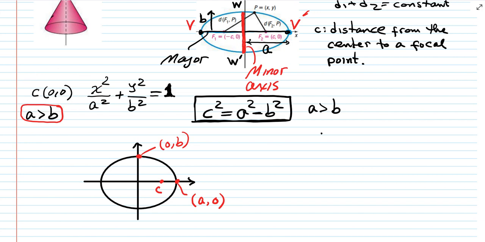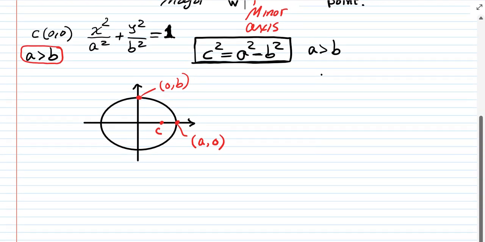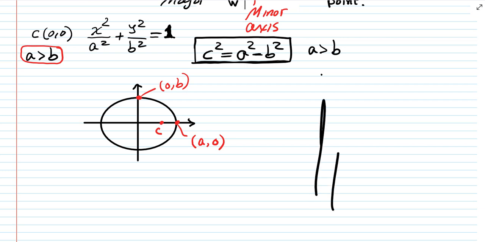For ellipses centered at 0, 0, the major axis is going to be the x-axis. Now, what if A is less than B? Then I'll show you how to handle those. Pretty much the way I work these problems, as you will see, is by trying to plot the points given the information that I have, and do it that way.